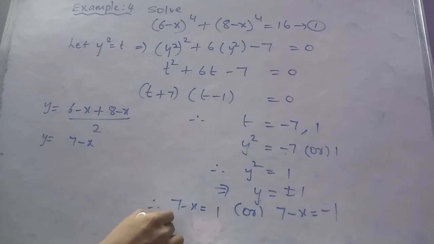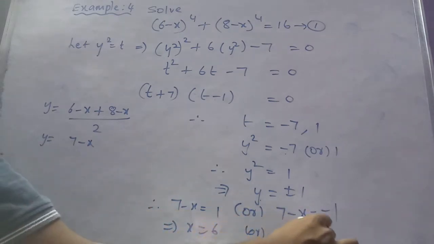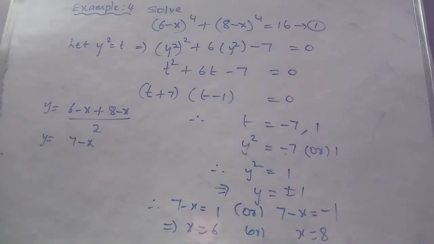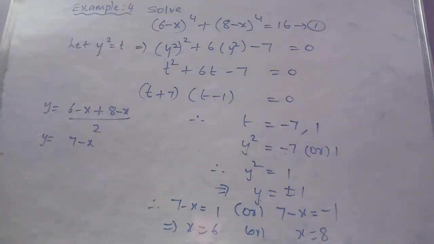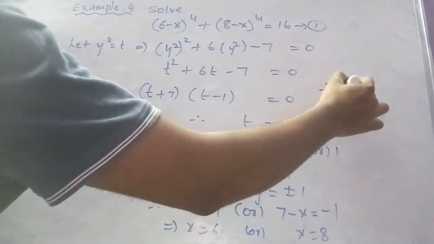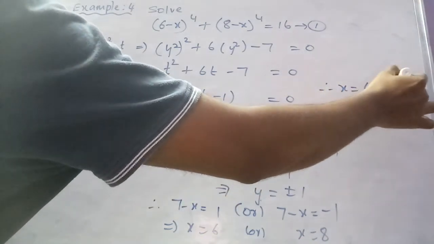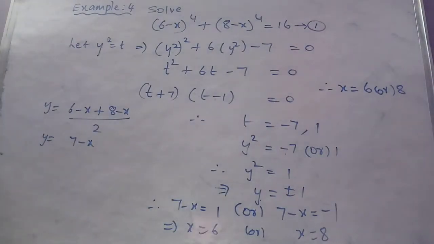From here you will get x = 6, or from here x = 8. Therefore the two solutions for this question are 6 and 8. So there are two real solutions for this equation: x is equal to 6 or 8. So this is how we can solve an example from model 4.